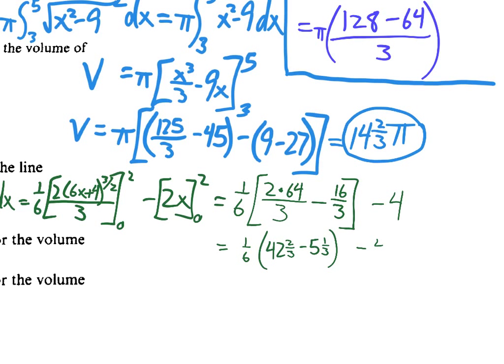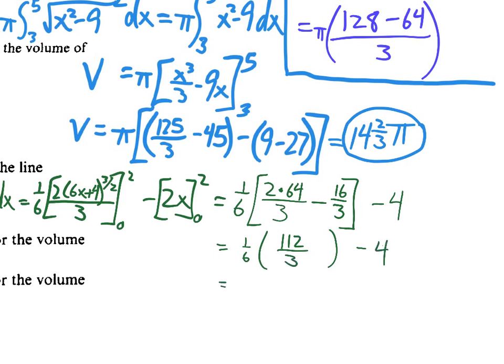And maybe I should just have left this in terms of thirds. You know what, I'm going to actually do that. Erase here. Okay, so yeah, that'll be a lot easier. 128 minus 16 is going to be 112 thirds.